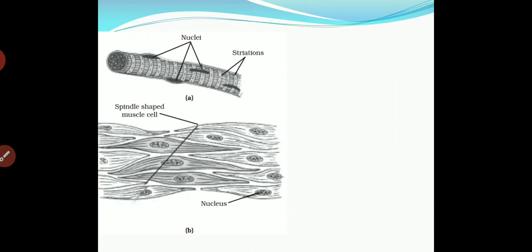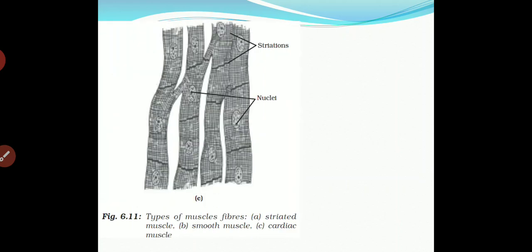Nuclei are present here as well. So these two were the structures of striated muscle and smooth muscle.